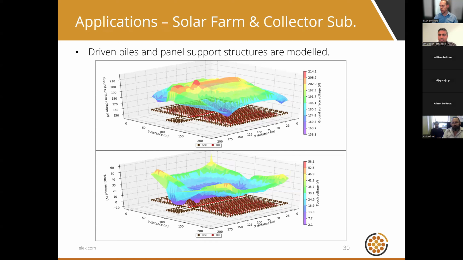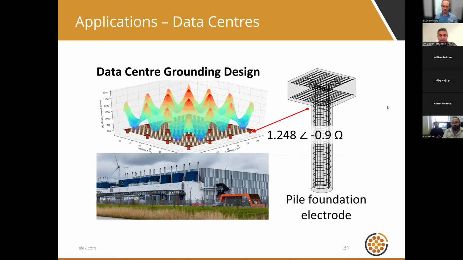Very often they're quite complicated to model and also to measure. It's actually virtually impossible to measure grid impedance properly.